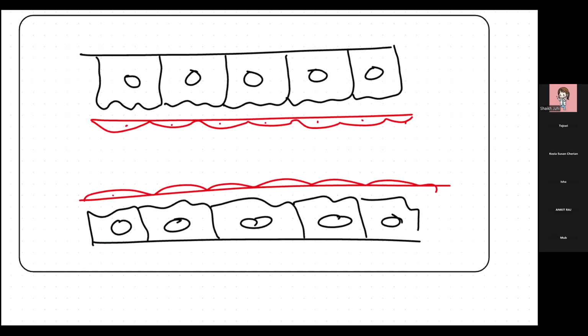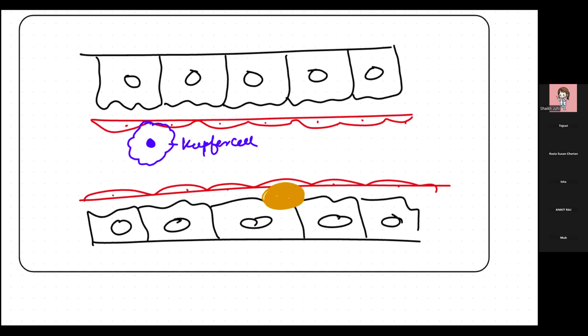Now in between the endothelial cells, we have a macrophagic cell in the liver. What is it? It is the Kupffer cell. Kupffer cells are macrophagic cells present in the liver. Another cell that we have, which has a very important role in the disorders of the liver, is called a stellate cell, or it is also called Ito cells.